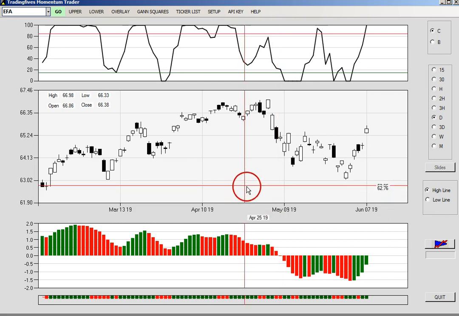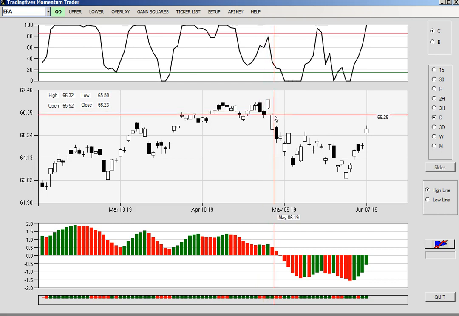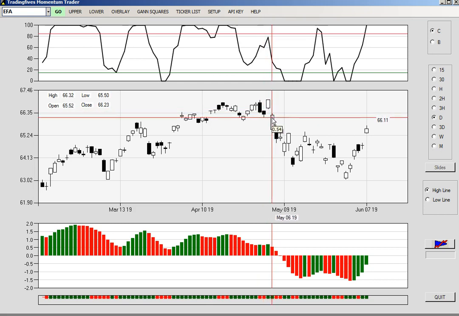And there is another example here where this red bar, this red histogram bar, was at 0.65, and we had a green bar between them, and this one was at 0.54, which is closer to zero than the 0.65.